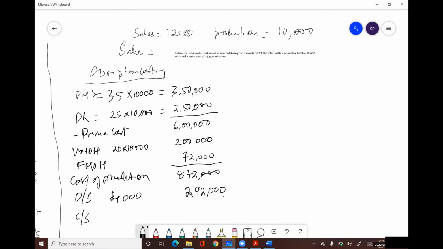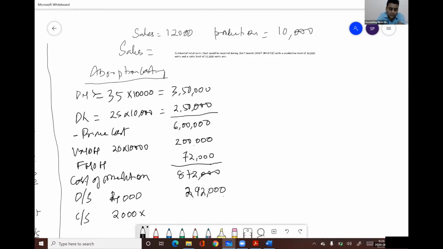Closing stock. Closing stock is 2,000 into what? How much is the closing stock? 2,000 into 73, sir.